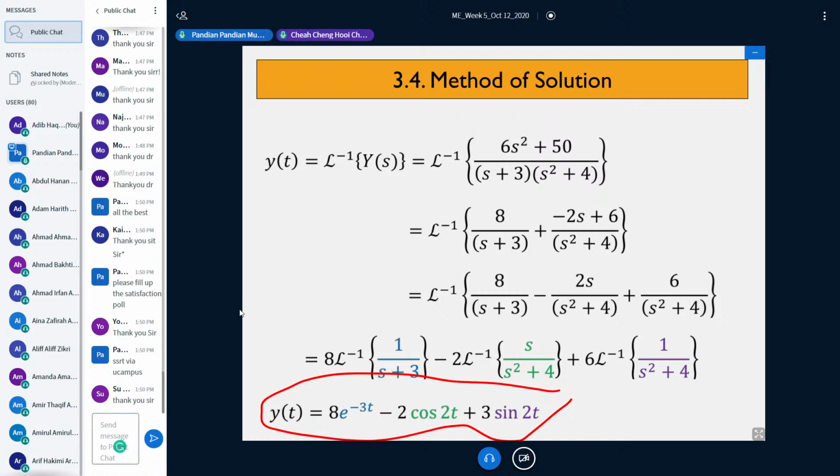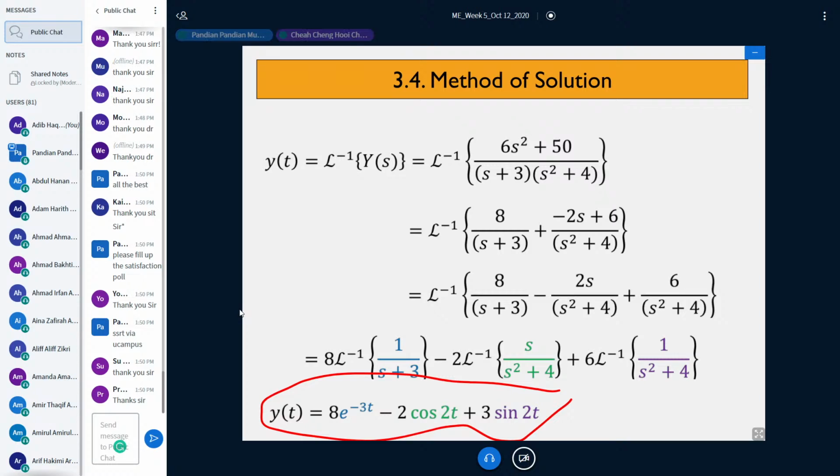Any question? Satisfaction poll via ULearn, yeah?